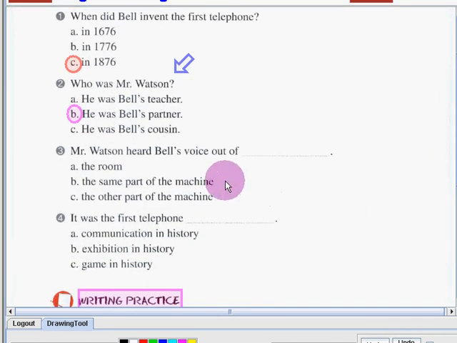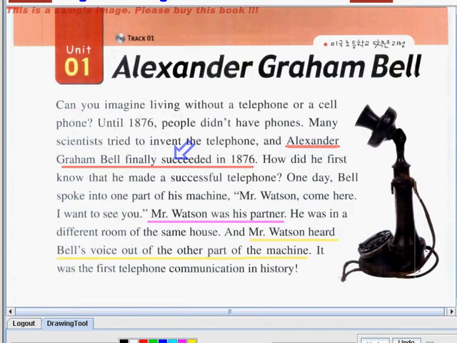Mr. Watson heard Bell's voice out of blank. What is the answer? Yes, it's letter C, the other part of the machine. It says here, Mr. Watson heard Bell's voice out of the other part of the machine.